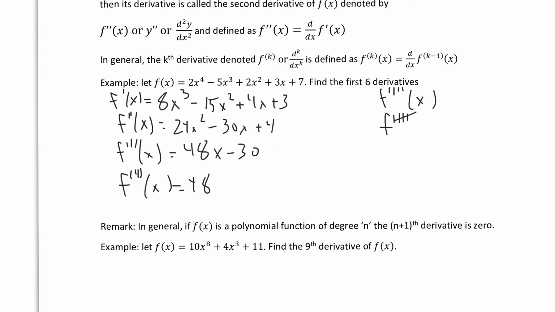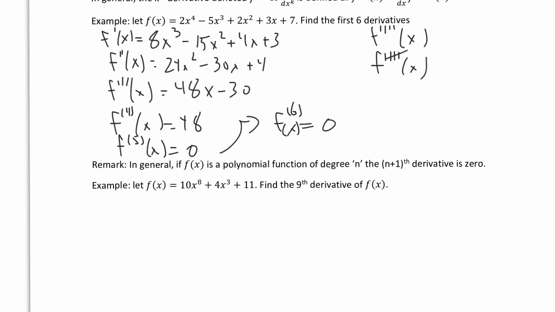What are you going to do for the 5th derivative? Put a tally mark? That's just a little bit silly. So after the 3rd derivative, we just start writing the number up in brackets. So the 5th derivative would be 0, and of course, that'll make the 6th derivative also equal to 0. So there you go. We've got all 6 derivatives.